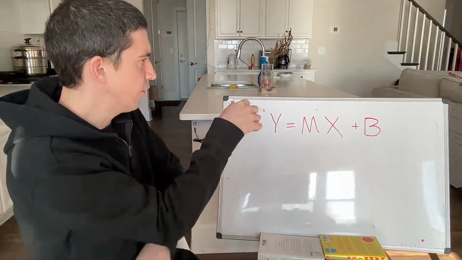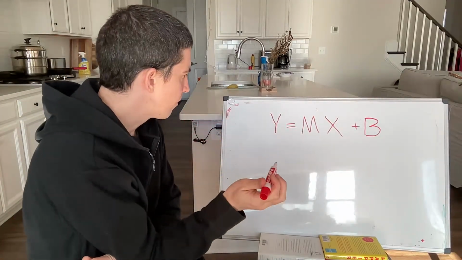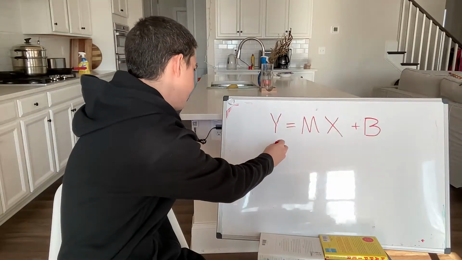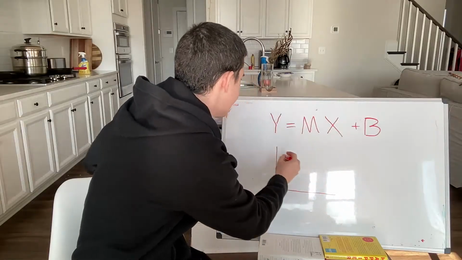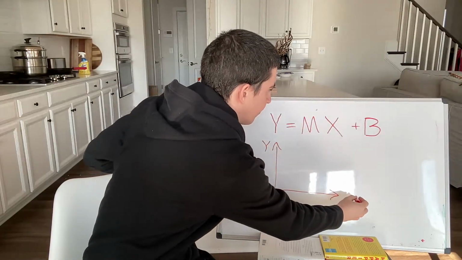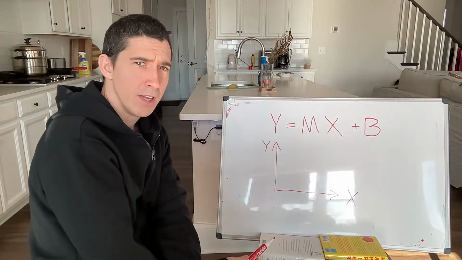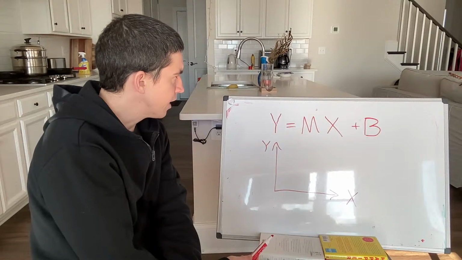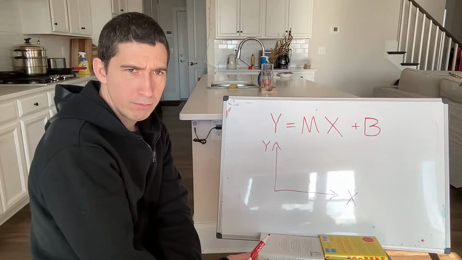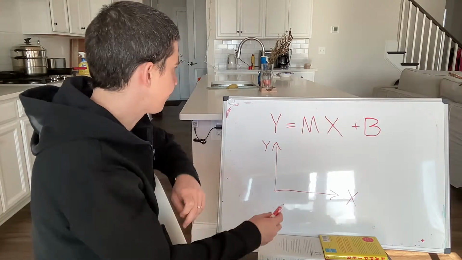And when this equation comes up, the teachers are usually trying to introduce students to a coordinate plane. So this would be y, and this would be x. And if b equals 0 and m equals 1, then that just relates y and x.